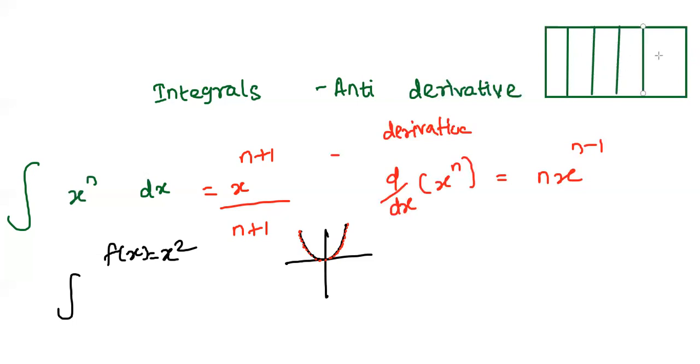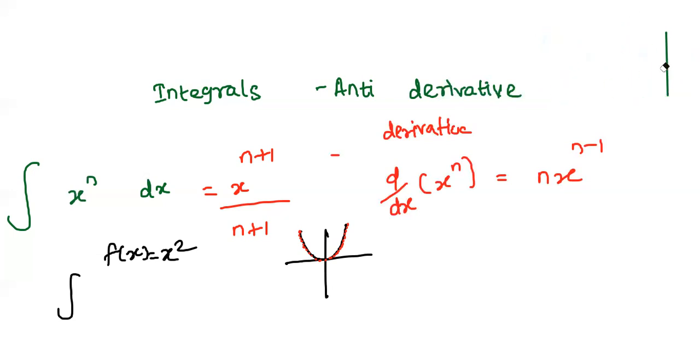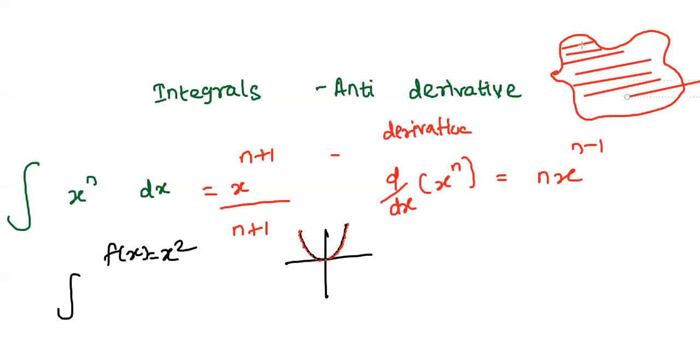If you are able to find the area of a single piece, you will be able to find the area of the entire portion with the help of integration. Even if you have irregular shapes, you can divide them into regular shapes, and then you can integrate them for finding the area.